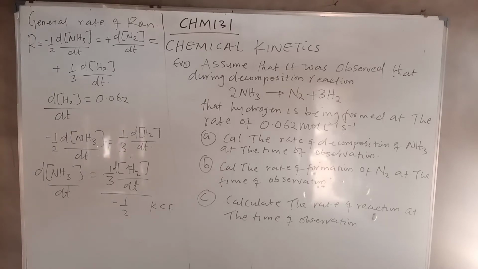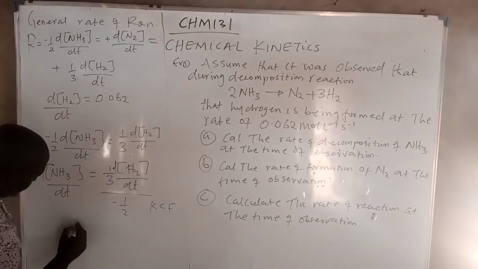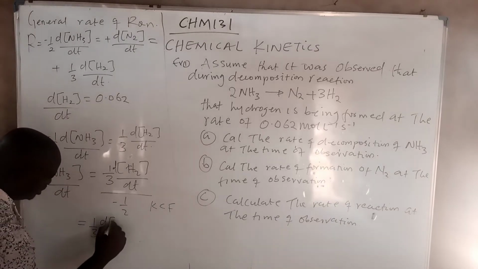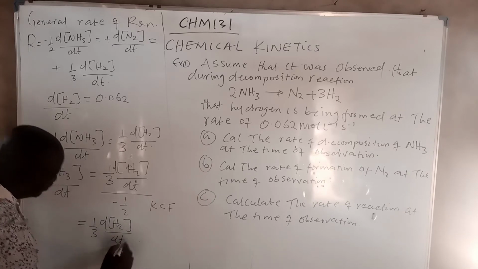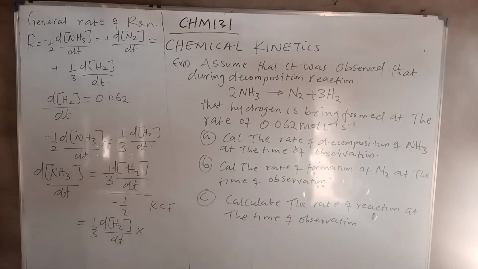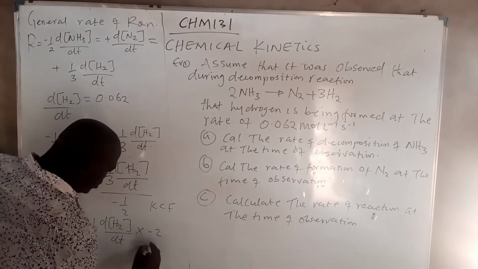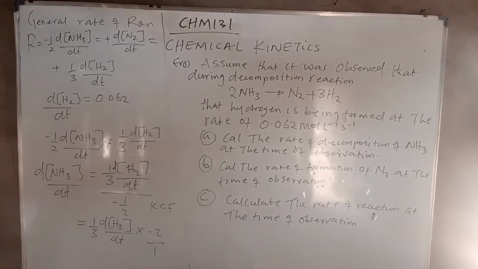So this will be minus 1 all over 3 hydrogen all over the T. Now this division will change to multiplication, and I'll flip this. So this will give me minus 2 all over 1. So from here, this is just this times this, and you divide it and you get your answer.